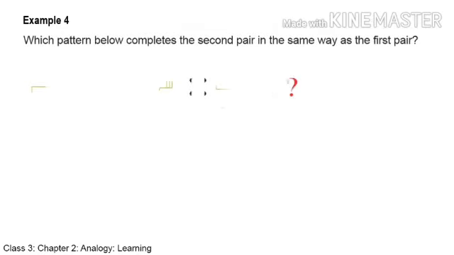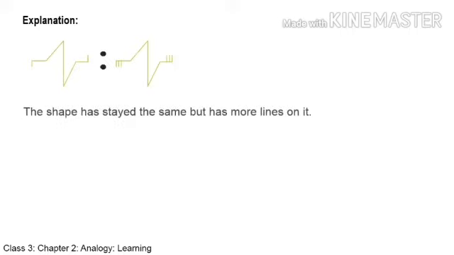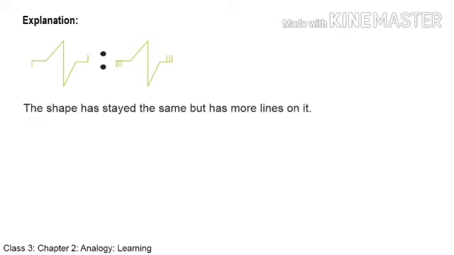Let us move on to the next example. Find out which pattern completes the second pair in the same way as the first pair. We have options A, B, C, and D. Let's start with the shape. You will notice that the shape has stayed the same, but has more lines on it.